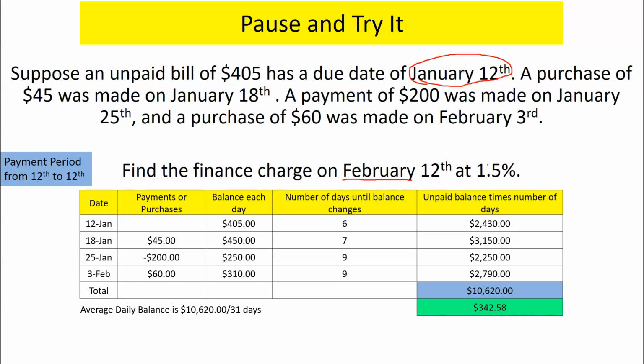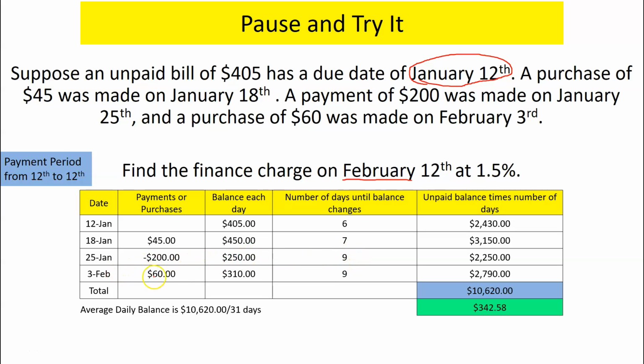All right, so I made the chart. Here's my chart starting on the January 12th, 405 until the 18th. That would be 6 days. Bought something for $45, so that went up until the 25th of January. So back here, that was 7 days. On the 25th of January, they paid $200, which dropped it down to $250, and it sat there till the 3rd of February, which meant that would have sat there for 9 days.